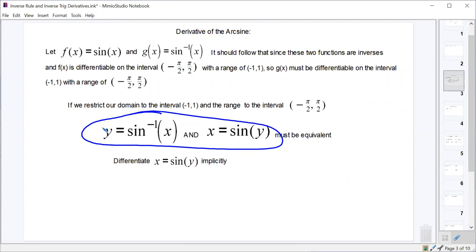That's not super important right now, so I'm not going to spend a bunch of time talking about that. But you should know that y equals inverse sine of x and x equals sine y are equivalent statements. Right? If I take the sine of both sides of y equals inverse sine of x, we get x equals sine y. Everybody agree with that?